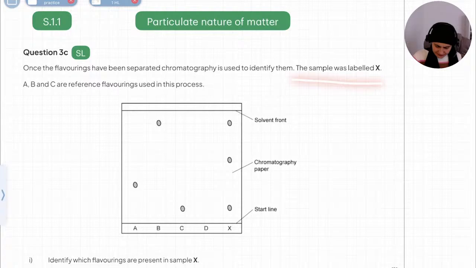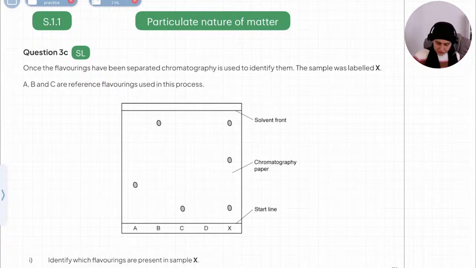The sample was labeled as X. Okay, so they placed the X sample here, and A, B, and C are reference flavorings, and then they place A, B, and C dots, so substances at these points. So A, B, and C are known flavorings, right? And then they run this whole thing through the solution.